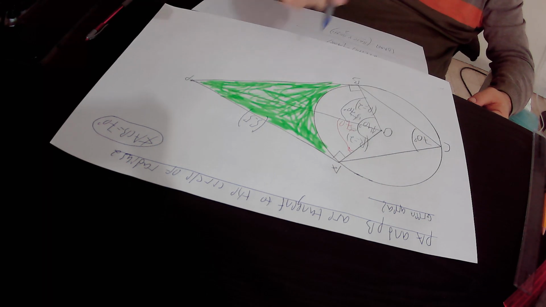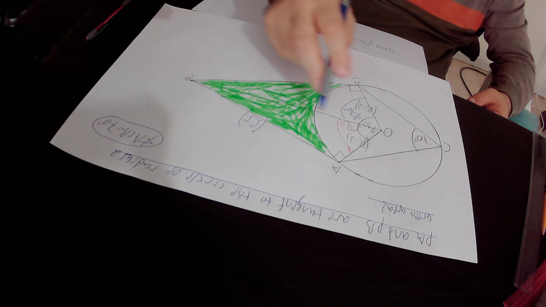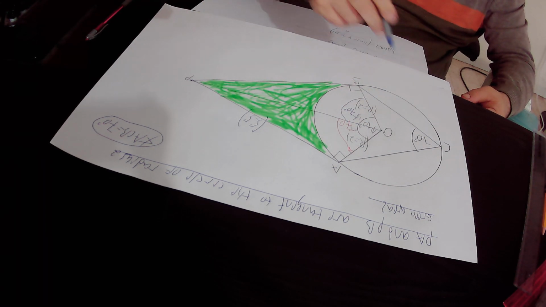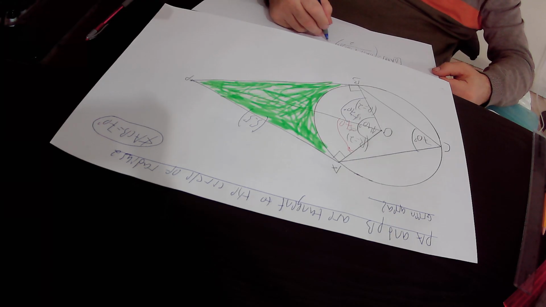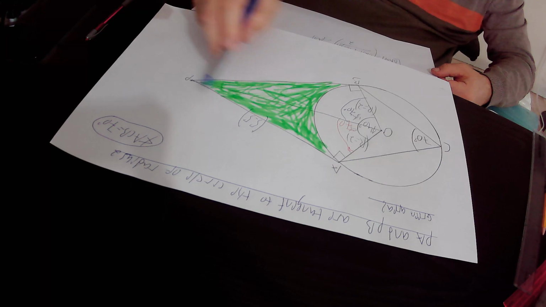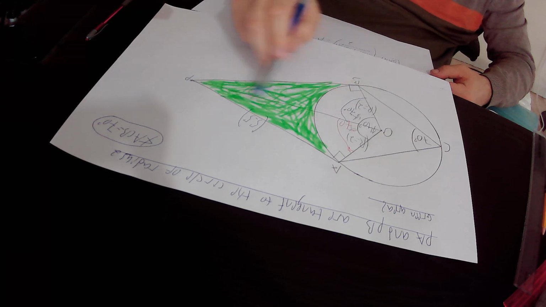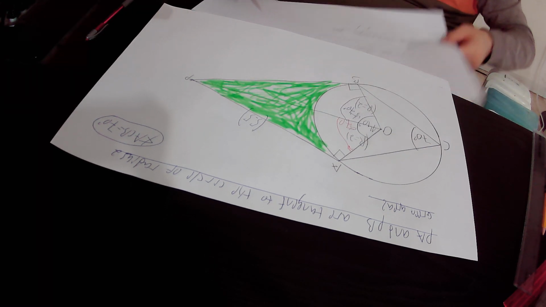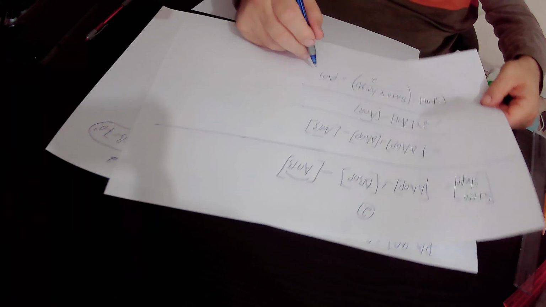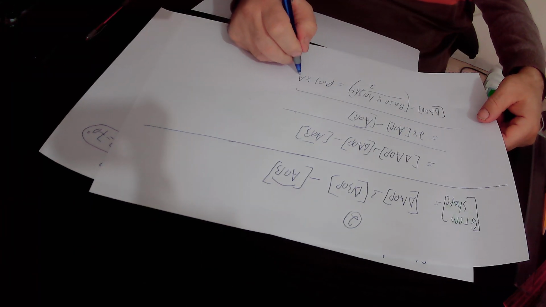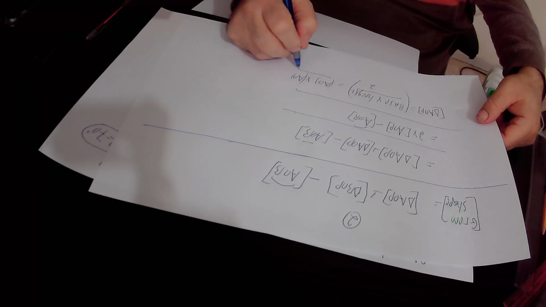So we take the base of this right triangle AOP as AO times the height. The height is AP, why? Because AP creates 90 degrees with the base. So the height is AP, divided by 2.